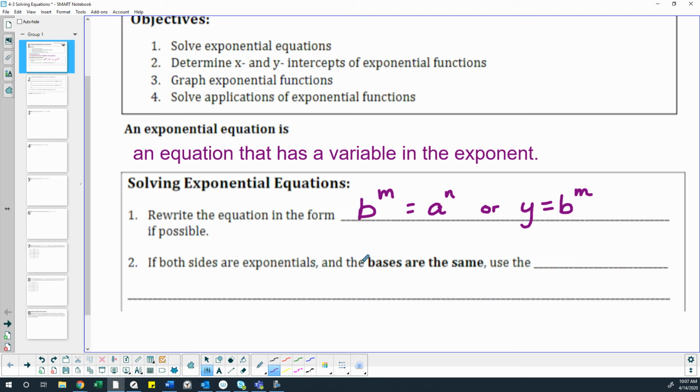If both sides are exponentials, like our first option here, and the bases are the same, so base b to the mth power and the exact same base to maybe a different power, we are going to use a method we already saw earlier in this chapter. We're going to use what's called the one-to-one property.